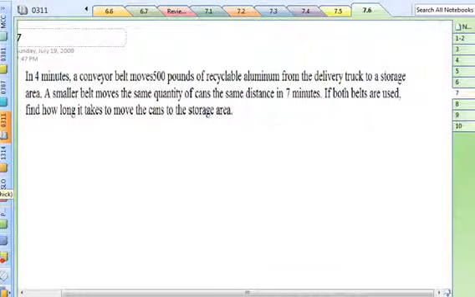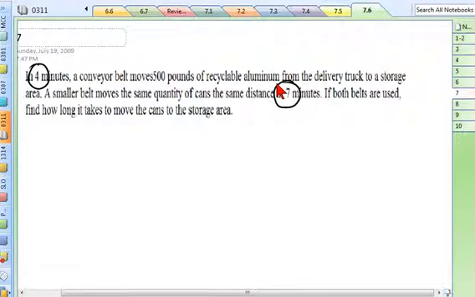It says, in 4 minutes, a conveyor belt moves 500 pounds of recyclable aluminum from delivery truck to storage area. Well, there was actually only one thing in that whole sentence that was important. 4 minutes. A smaller belt moves the same quantity of cans, the same distance in 7 minutes.